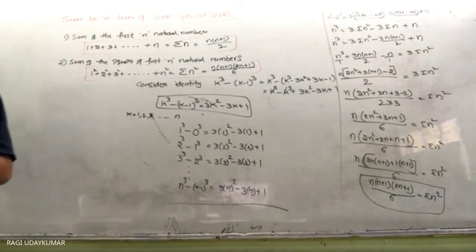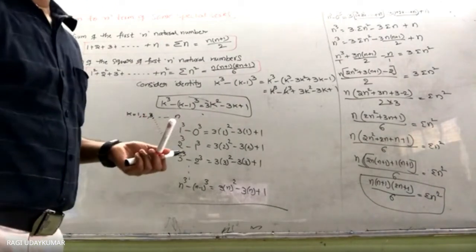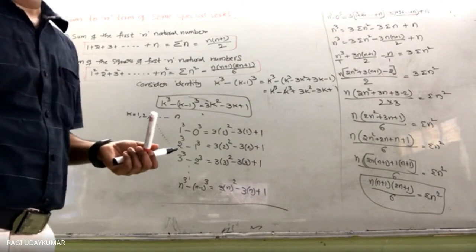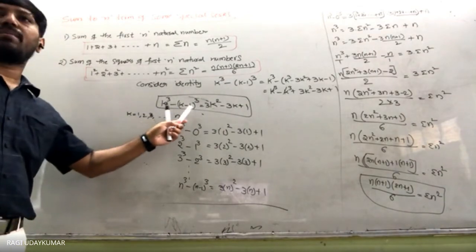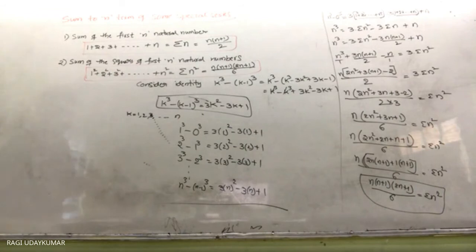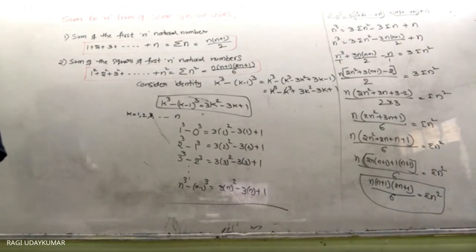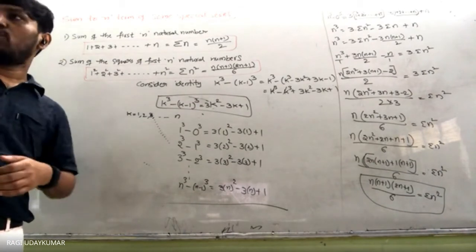समझ में आया ना? Proof. So like this only, the sum of the cubes also you can prove. Sum of the cubes of the first n natural numbers. Here we are taking k cube minus k minus 1 whole cube, and in that case k plus 1 whole to the power of 4 minus... हम लोग को क्यूब आना चाहिए. So that's why everywhere if you are substituting 1 cube, 2 cube, 3 cube, 4 cube, 5 cube.